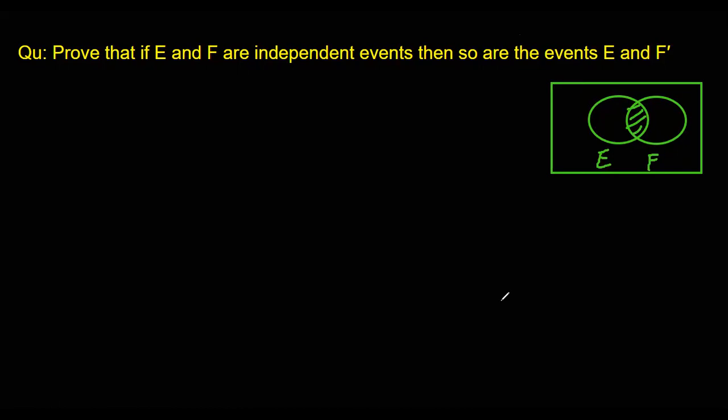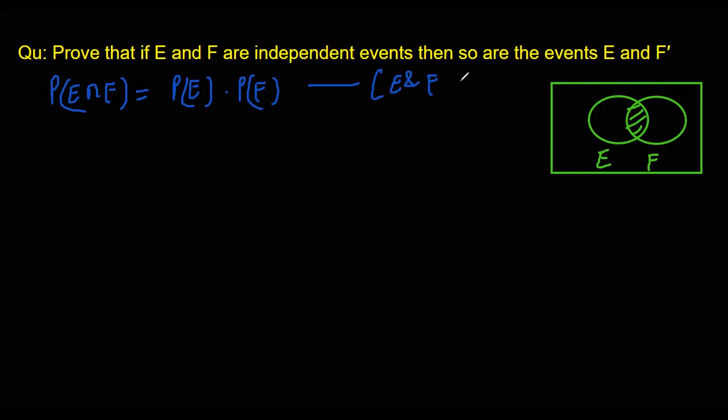Now what we are talking about here is, E and F are independent, that is given. That means what we are given is PE intersection F is equal to PE into PF. This is given since they are independent. Now, how can I show E and F complement are also independent?